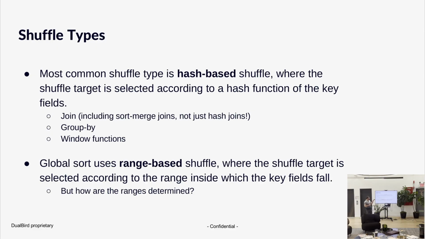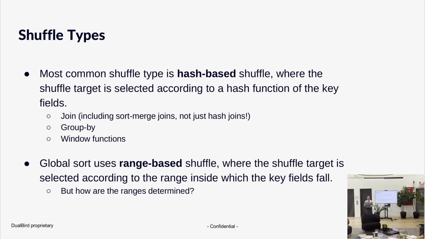In the case of a global sort, this is not enough. As I explained before, we want to do a range-based shuffle. You want to understand which range a row belongs to. So unlike a hash shuffle, you have to actually determine what those ranges should be.